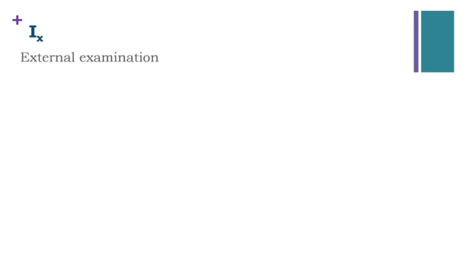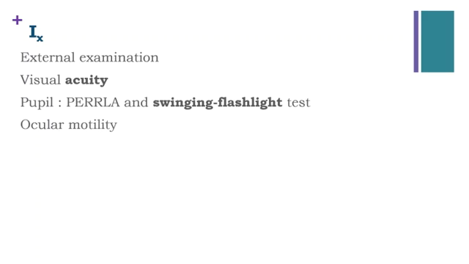The standard definition of normal visual acuity is 20/20 or 6/6. An examination of the pupillary function includes inspecting the pupils for equal size, regular shape, reactivity to light, and direct and consensual accommodation.